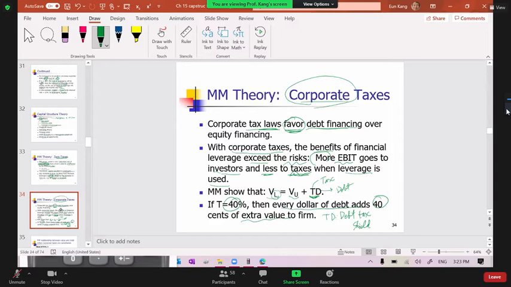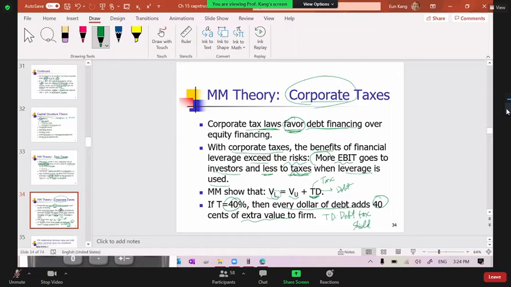And they didn't include debt-related financial distress costs. So that is a totally wrong theory, but people are affected by just theory. So you have to be really careful about theory.